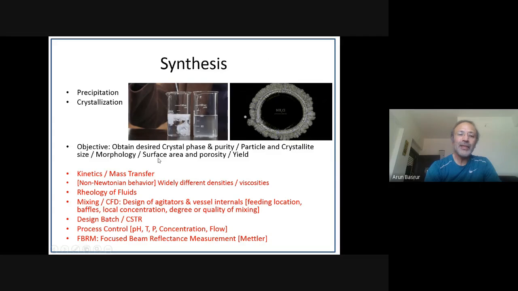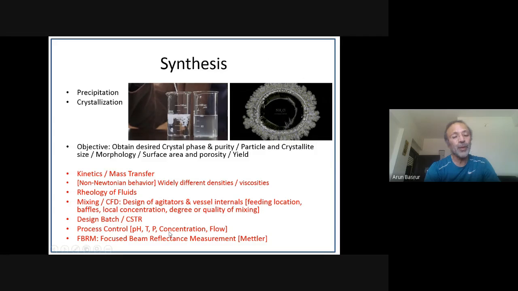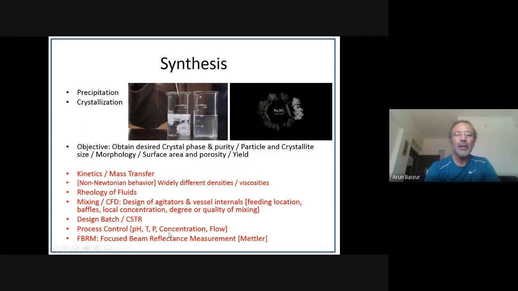In achieving these properties, process parameters are very, very sensitive. Any change in pH, temperature, or concentration, especially these three parameters, can affect these properties significantly. So it's important to have very good process control.